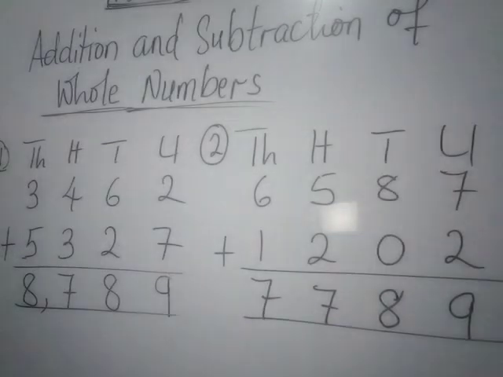So you have 6,587 plus 1,202. It gives us 7,789. So these two that we just looked at are examples of addition without regrouping. They are straightforward addition without regrouping.